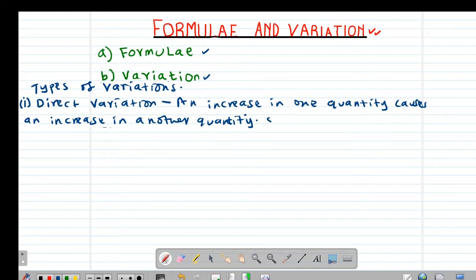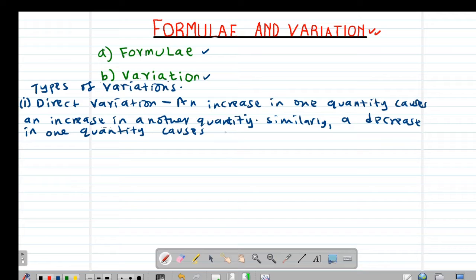Similarly, a decrease in one quantity causes a decrease in another quantity. So this is what we are calling direct variation.